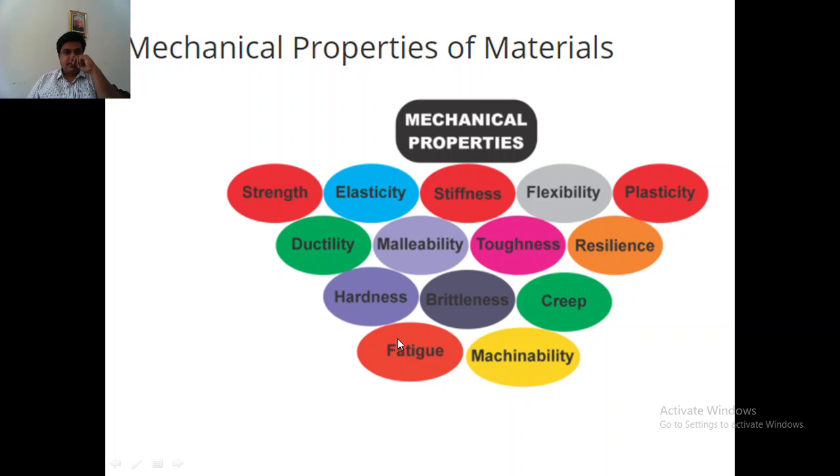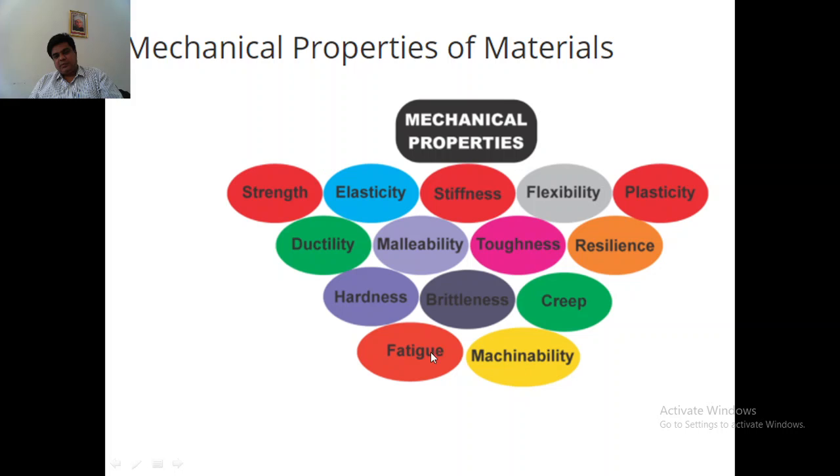So just remember that in mechanics of materials, in this course we will basically study strength. Stress and strain come under strength of the material. That's why the subject is also called strength of materials. The other properties we will understand a little bit here, but most of the learning in this subject is based on strength, or stress and strain of the material.